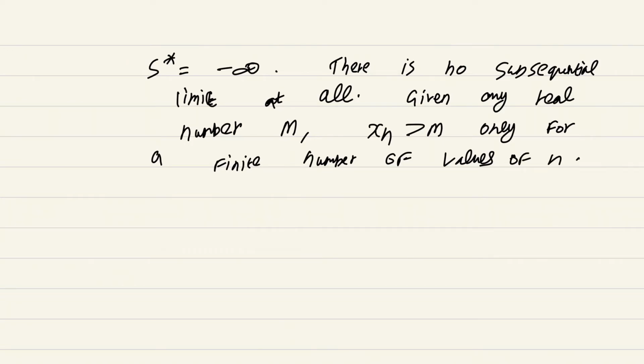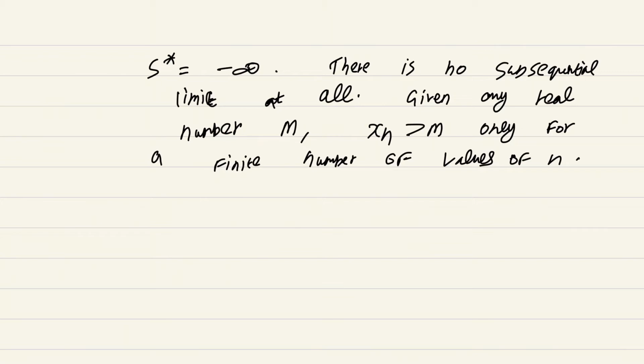Why is this the case? Well, think about it this way. If it's not true that xn is greater than m only for finitely many values of n, then that just means that there is a subsequence of xn that's strictly greater than m.